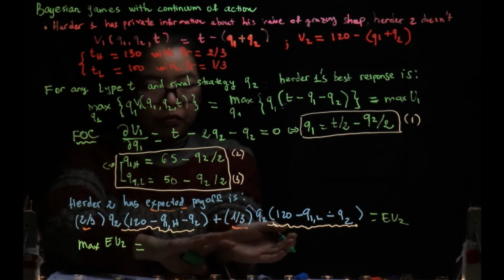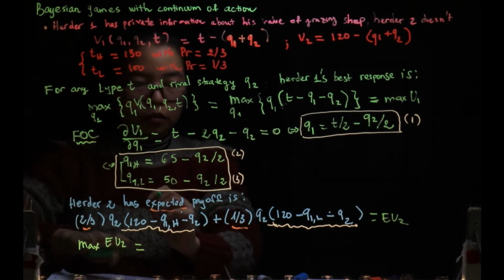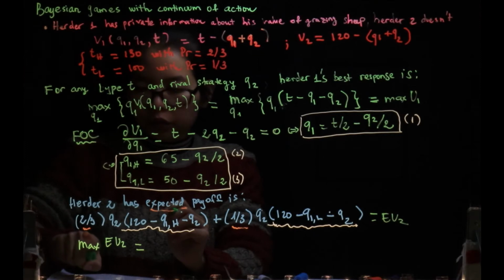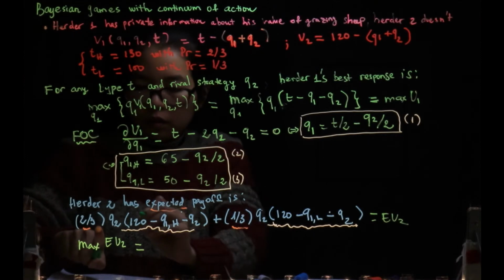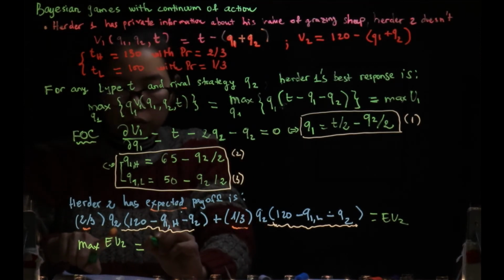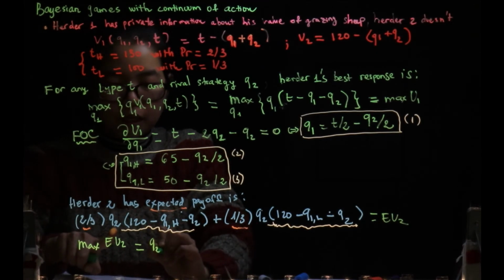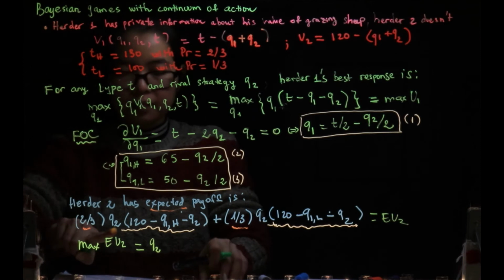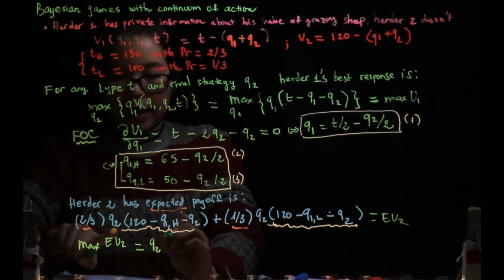Now let's simplify this a bit. So you have 2/3 q2. Here you have q2. The other term you also have q2. So let's put them ahead now, times.